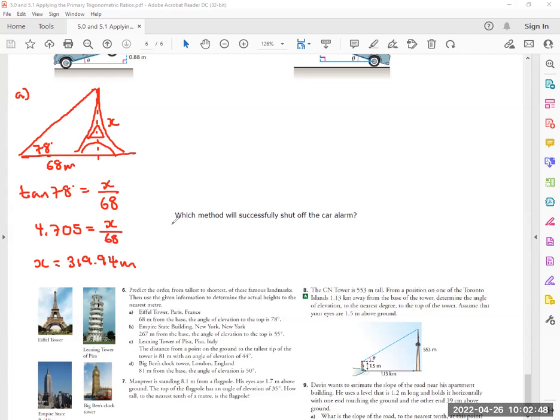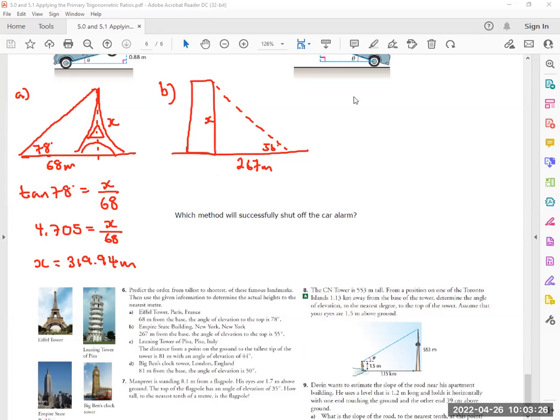Goodness. That's part A. Part B. The Empire State Building, 267 from the base. The angle of elevation to the top is 55. So again, it looks like it's the same thing. Just to make things interesting, I will make my Empire State Building on the left side and create a triangle towards the right. So 267 meters from the base, the angle of elevation is 55, and I'm looking for the height.